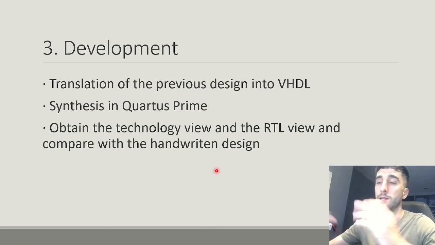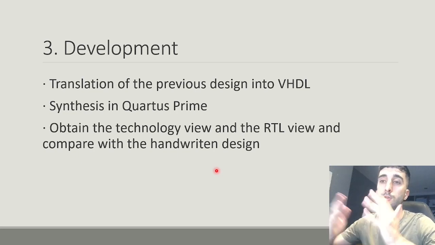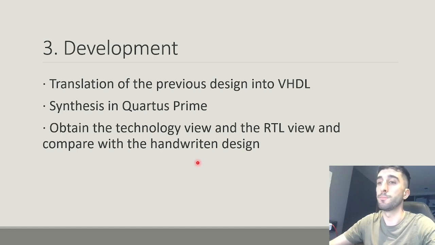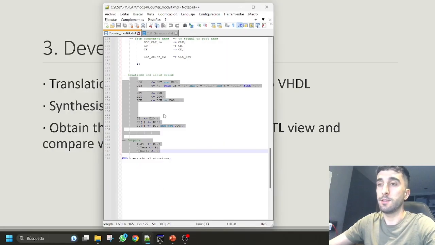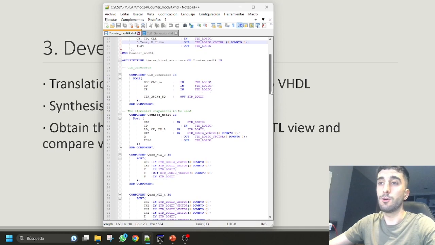So now I'm going to the development. I'm going to translate the previous design into VHDL. I'm going to synthesize in Quartus Prime to obtain the RTL view and the technology view. Okay, so now let's have a look here in the code. Here I have the entity, the counter mod24, and all the components.